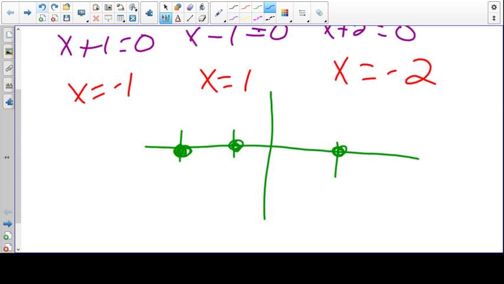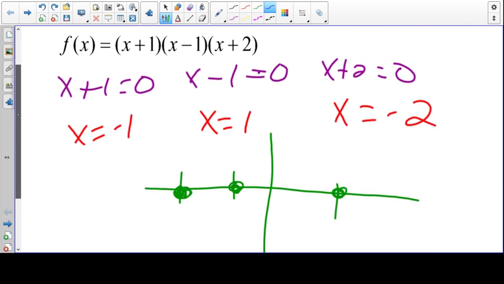So what we need to do is grab out our calculators, and we're going to check a point. I like to check a point one to the left or one to the right of my numbers. By that I mean, left would be picking something smaller than -2. So say I plug in -3, into my original function.